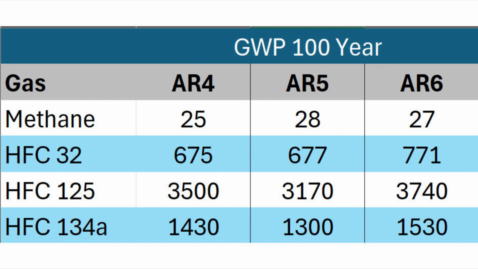This table shows how the 100-year GWP calculations changed among the AR4, AR5, and AR6 IPCC reports. Even though complex calculations using specific data are involved in determining the GWP of a greenhouse gas, some of the crucial data must be estimated, making GWP numbers really an estimate instead of a precise physical characteristic.